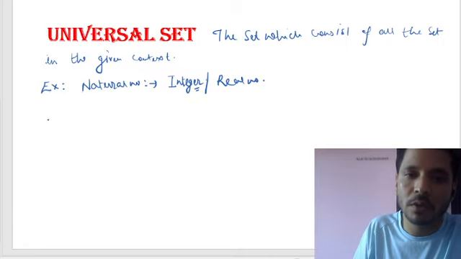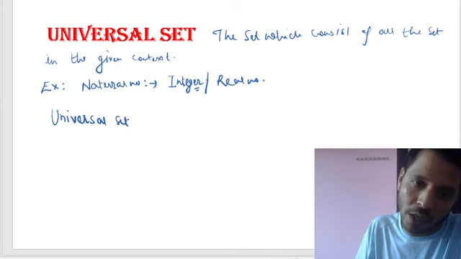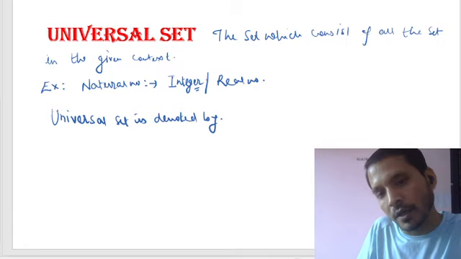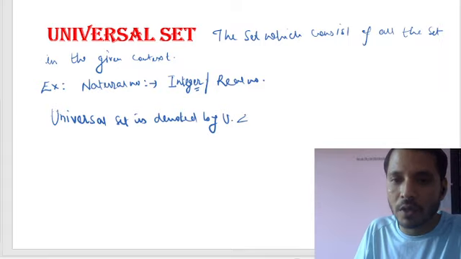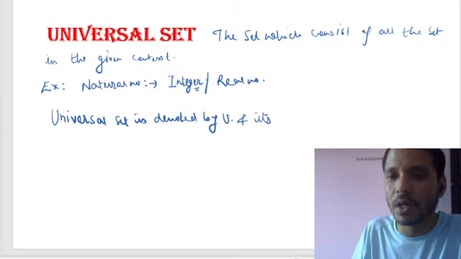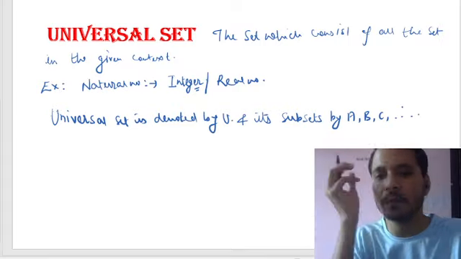How are we representing the universal set? The universal set is denoted by capital U, and all the other sets, which are its subsets, are denoted by capital A, capital B, capital C, meaning capital alphabets, right?